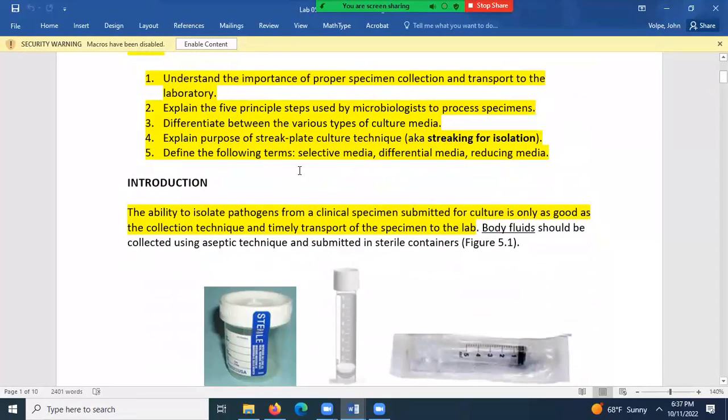And 5, define the following terms: selective media, differential media, and reducing media.